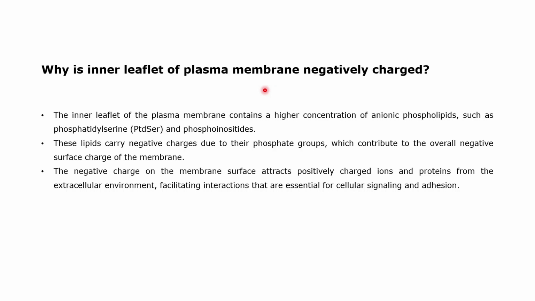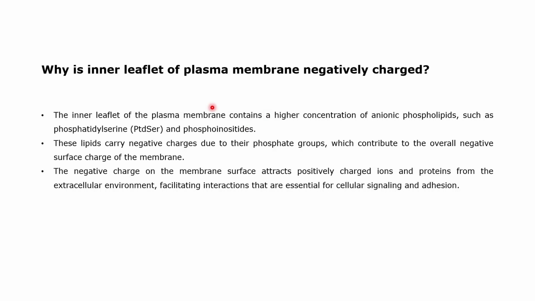But the lipids that constitute this plasma membrane are charged in nature. If you look into the inner leaflet of the plasma membrane, the majority of these phospholipids are anionic in nature. From the term anionic, you know that it is negatively charged, right? Phosphatidylserine, phosphatidylinositol and several other phospholipids are anionic in nature.